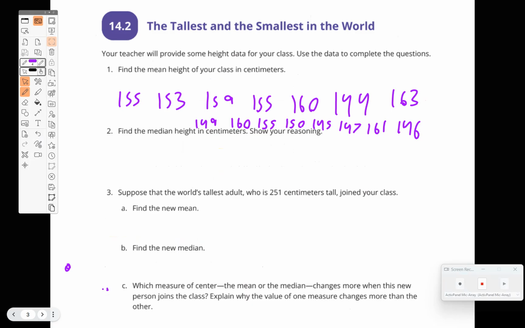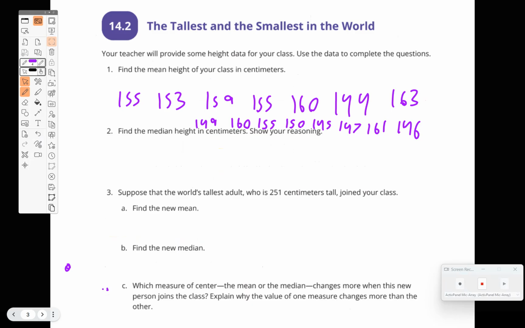Mrs. Edwards, do I do it up here as well? Yeah, 144. Wait, what did you say, 144? 144, 146.